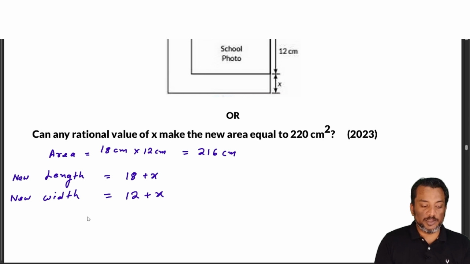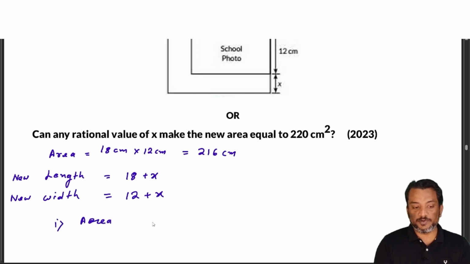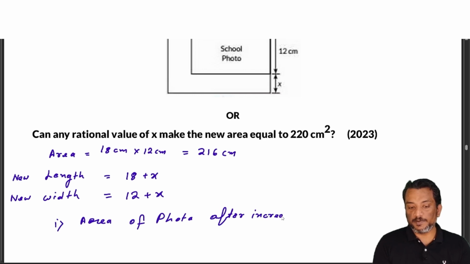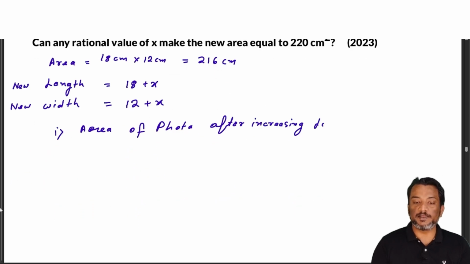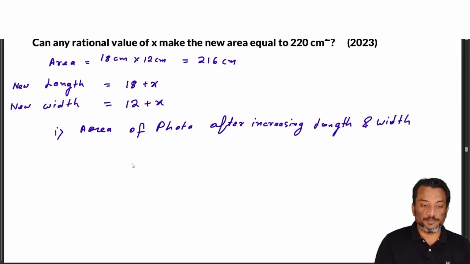So now the new area: we will say area of the photo after increasing length and width. What is our length? It is rectangle in shape, so 18 plus x.